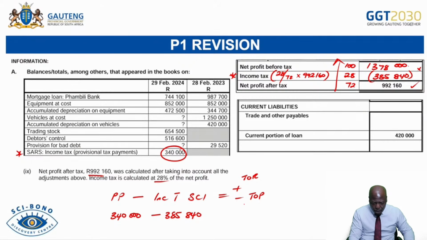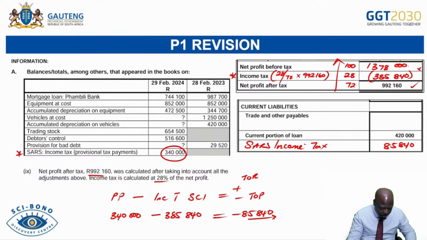Once it's negative, it is trade and other payables. You know you must still pay. So you say SARS income tax, and your SARS income tax is 85,840. Like that.